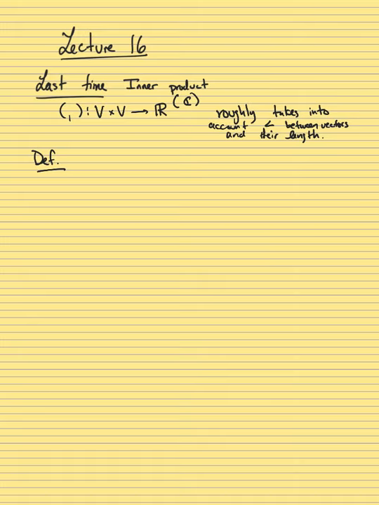All right, so here's a definition that we've seen before in a very specific context of a specific inner product. In general, you say that two vectors are orthogonal, and I'll write v perpendicular to w, if the inner product of v and w is 0.